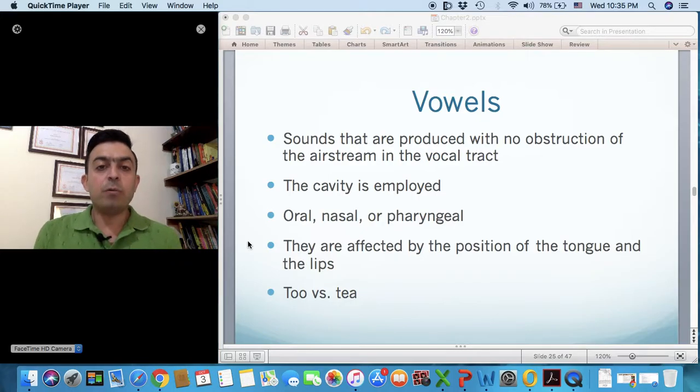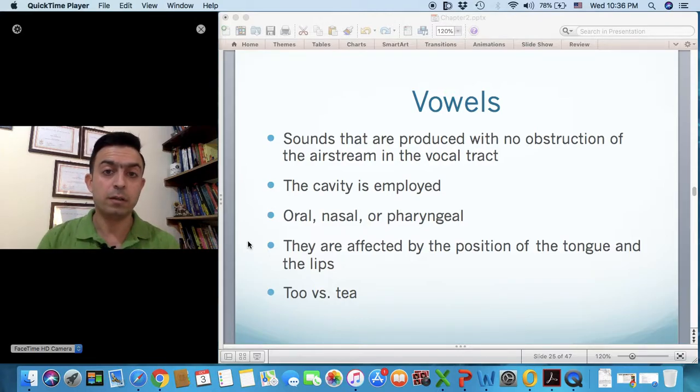So basically, vowels are sounds that are produced without any air constriction in the vocal tract. Remember, when we talked about consonants, we said that consonants are produced by constricting or blocking the air along the vocal tract as we're breathing or speaking. Vowels do not involve that procedure.